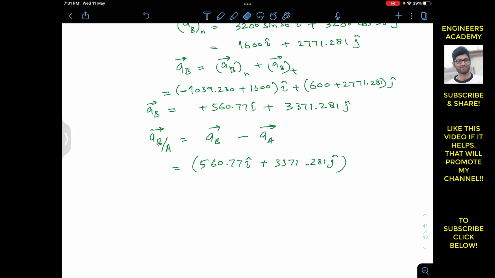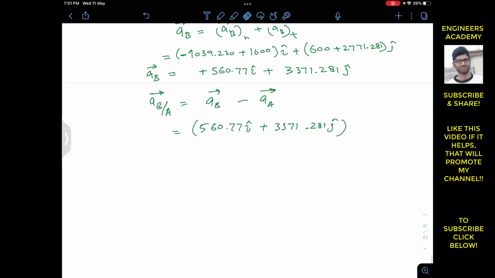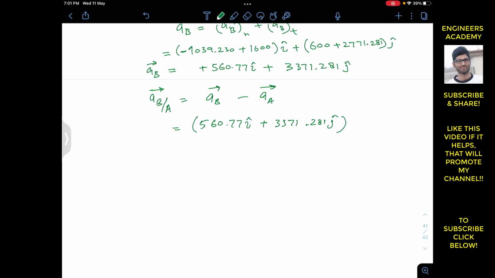So now we have to find the magnitude of the acceleration of B with respect to A. By applying the Pythagoras theorem, this is 560.77 square plus 3371 square, and then we have to take the square root.